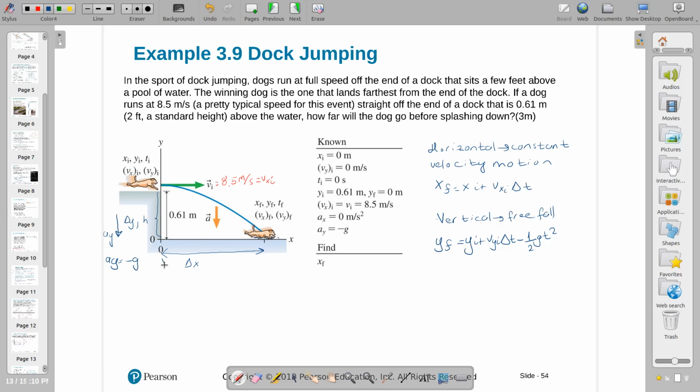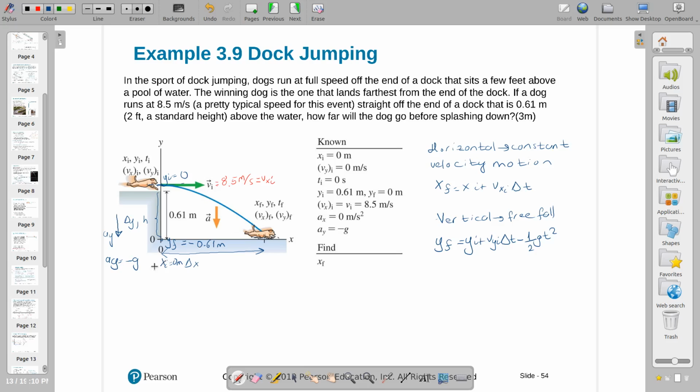I can call this position x initial, take it to be 0 as always, call this position y initial, take it to be 0, then this position here will be y final, and the height is 0.61 meters, means our y final will be minus 0.61, and the minus is coming from the fact that we took this position to be 0, so anything down will be minus.